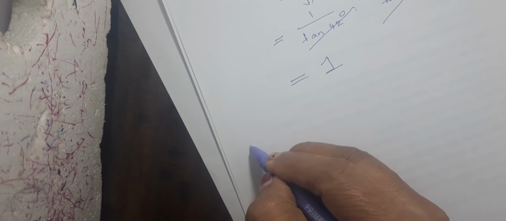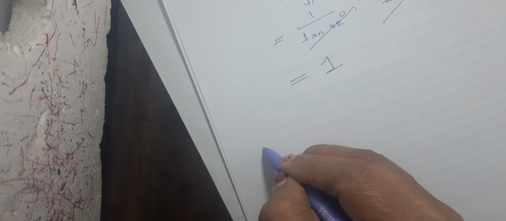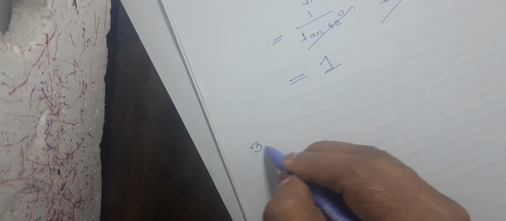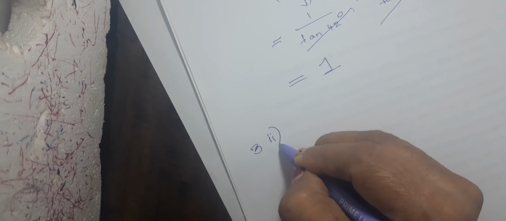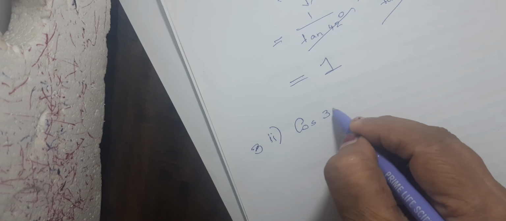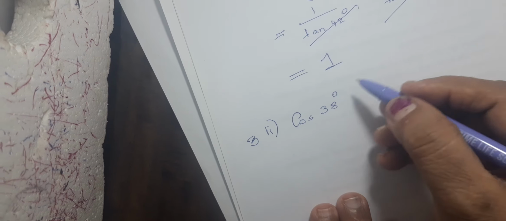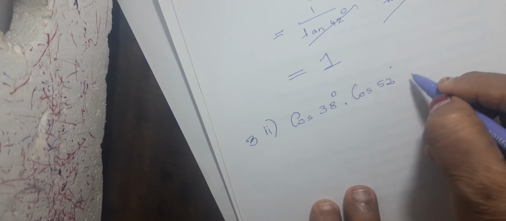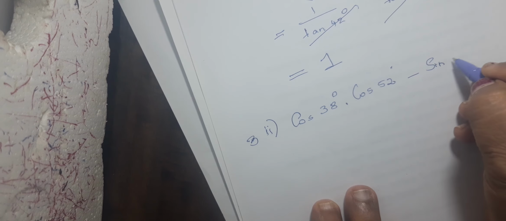See children. Okay, now one more I will do. In the second one, cos 38 into cos 52, it's just like this only. Time is short, but even then let's see fast.